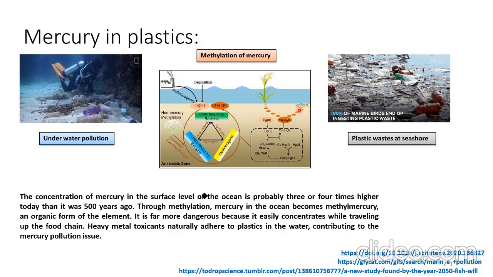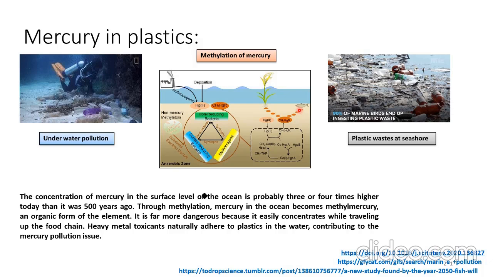The concentration of mercury at the surface level of the ocean is probably 3 or 4 times higher today than it was 500 years ago. Through methylation, mercury in the ocean becomes methyl mercury.